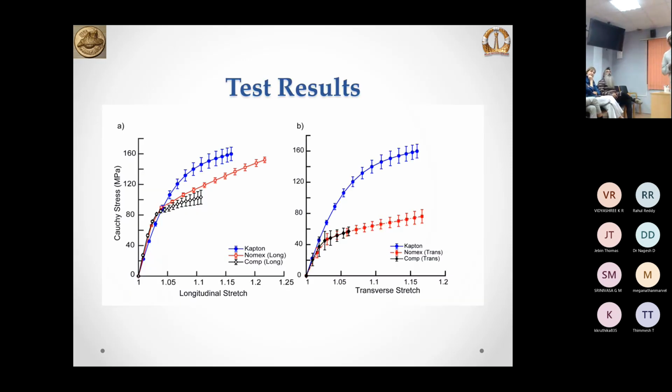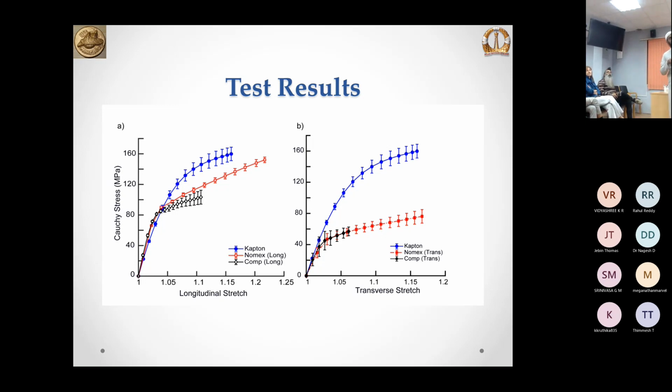So first we tested, this is the test results, the uniaxial test results. So the Cauchy stress in MPa is plotted on the y-axis and longitudinal stretch on the x-axis. So here it is transverse stretch, because Nomex and Composite are transversely isotropic. So we have to test in two different directions.